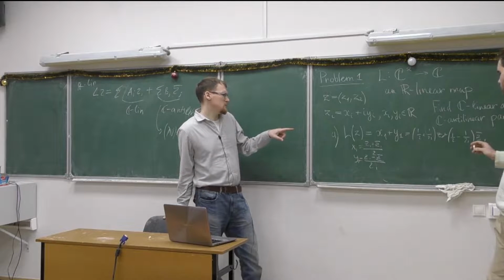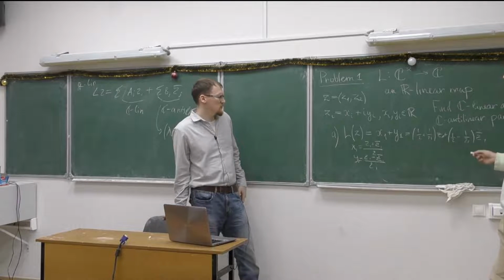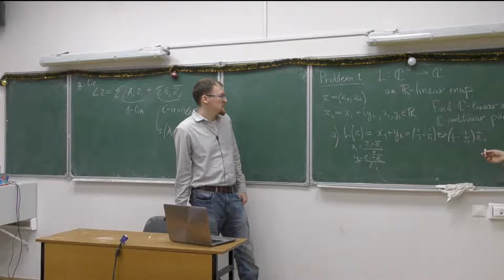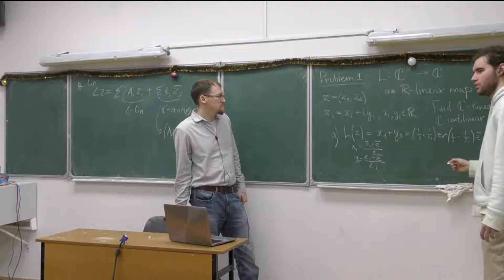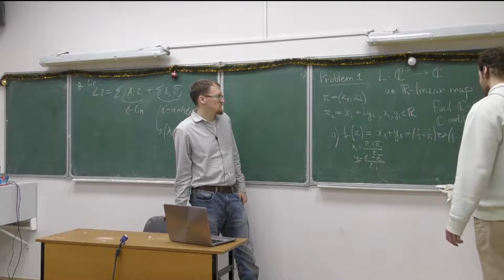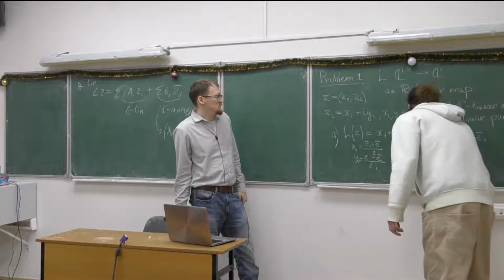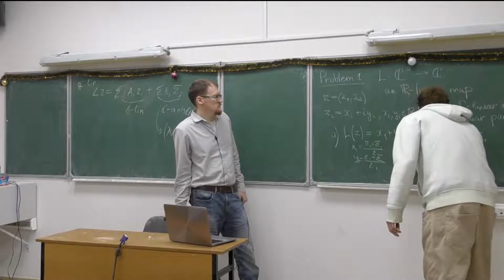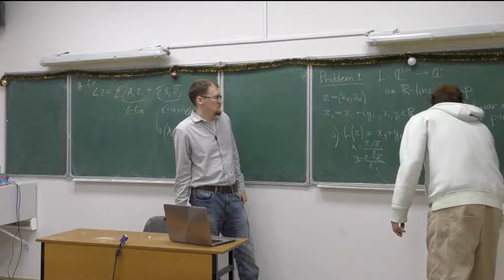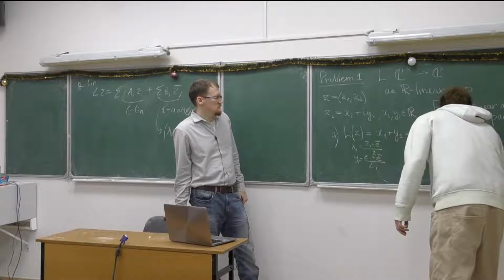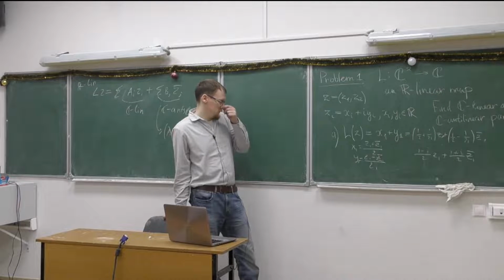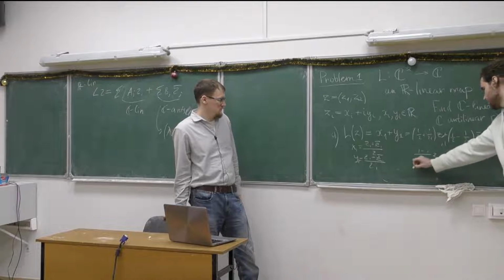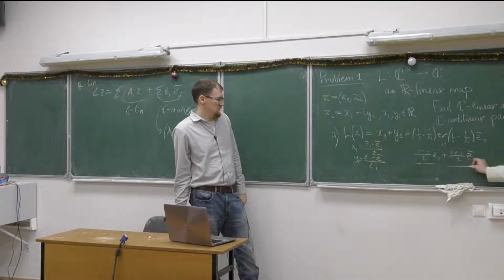Yes, it sounds okay. Can you simplify it or are you done? What you can do is simplify the expression 1 over 2 plus 1 over 2i. Well, it's nothing but 1 minus i over 2, right? And 1 plus i. Yes, that's it. This thing is C linear and this is C antilinear.